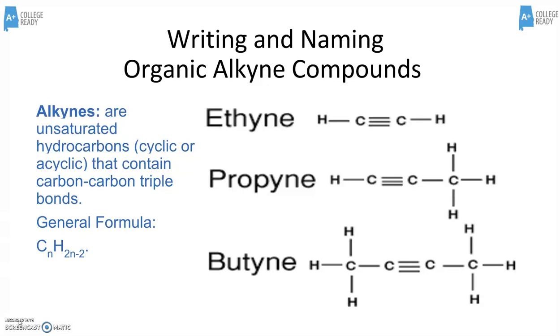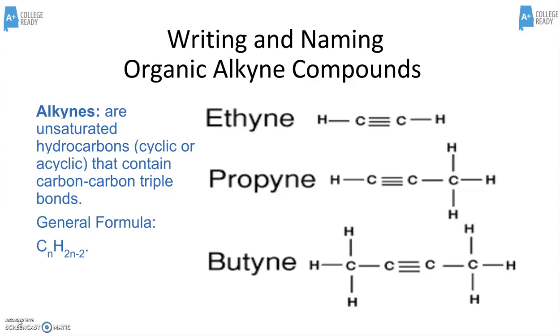And in this case, I've already shown you a cyclic one in terms of our double bond, so I didn't feel it necessary to show it again. These are carbon-to-carbon bonds that contain triple bonds. Notice the general formula, CnH2n minus 2. So if you go back in your student notes or go back to your previous slide, our ethane was C2H6.